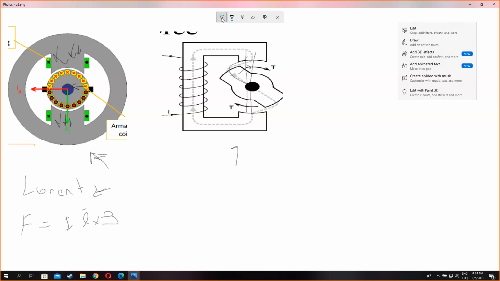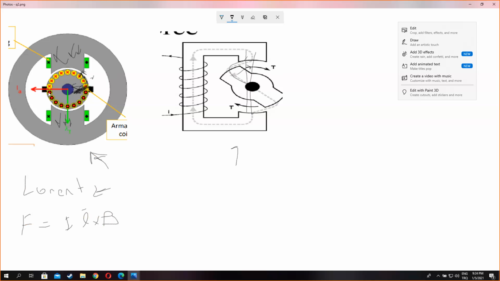And when we look at the components of this force, this is the normal force and this is the tangential force that results in the rotation.